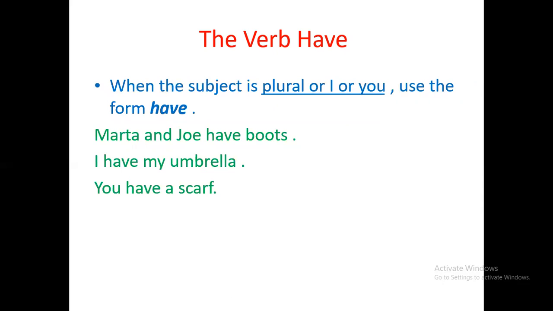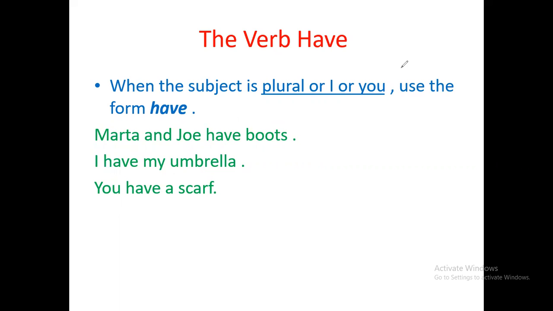When the subject is plural or I or you, use the form have. Like Martha and Joe, they are two persons, so this is a plural subject: they have boots. I have my umbrella. You have a scarf.